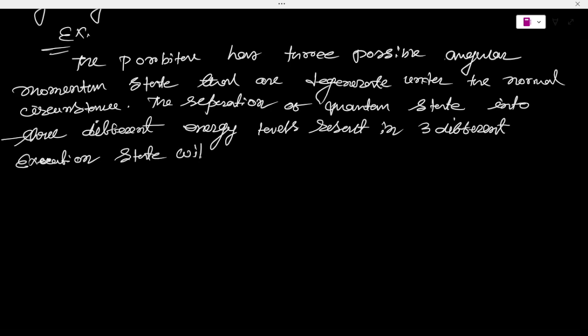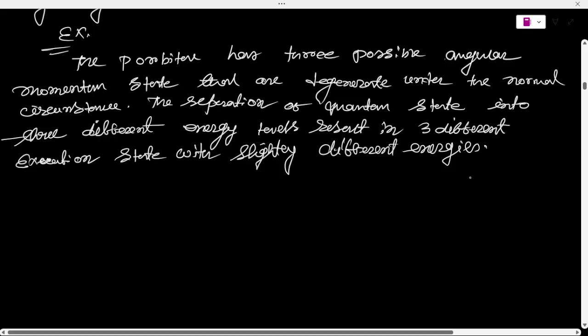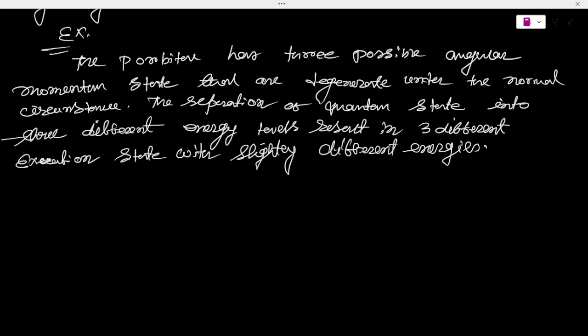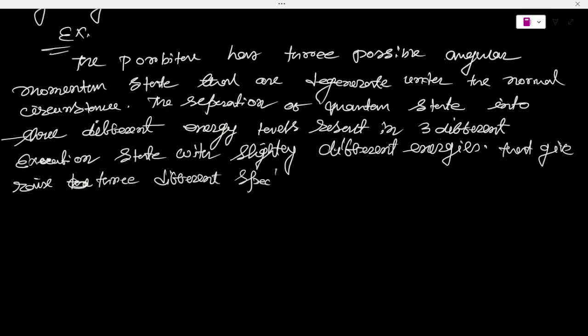That gives rise to three different spectral lines.